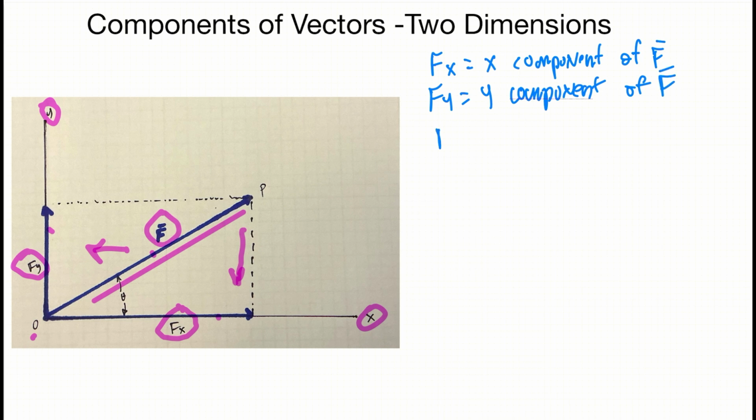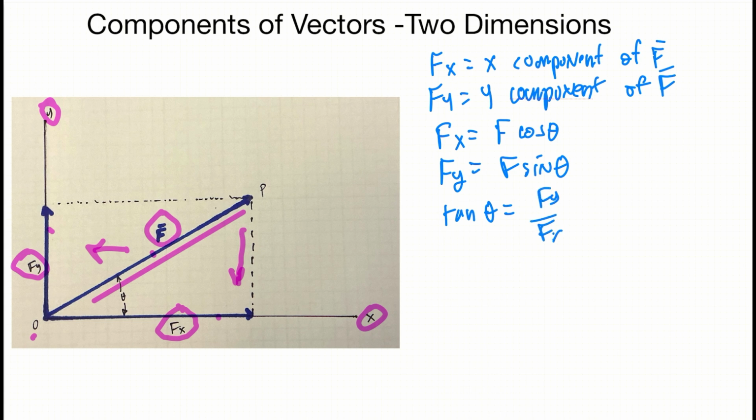Now we know from trigonometry that f of x is just equal to the length of f times the cosine of theta. F of y is equal to f sine theta. And the tangent of theta is going to be equal to the ratio of f of y divided by f of x.